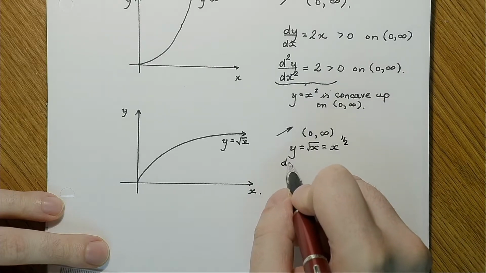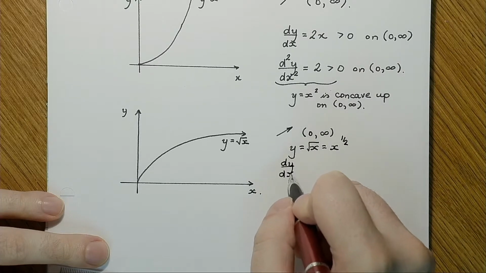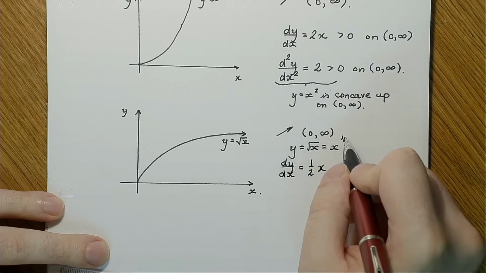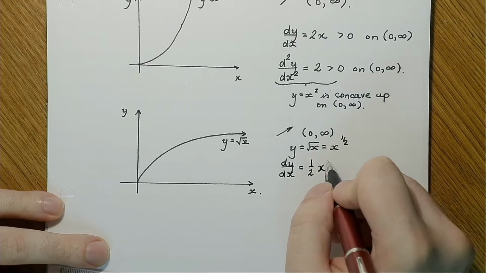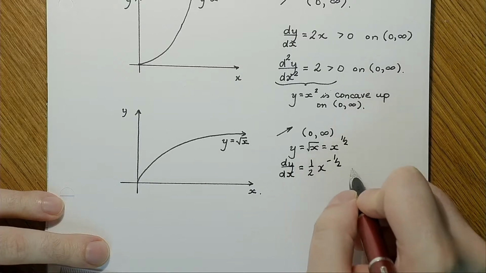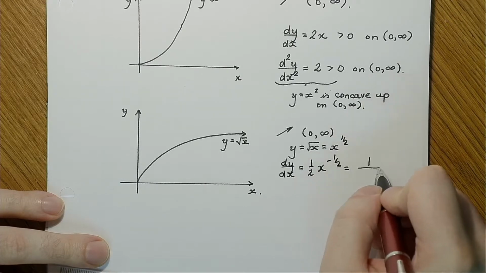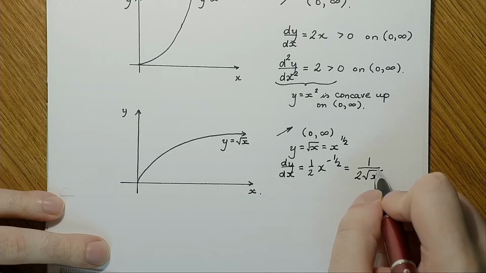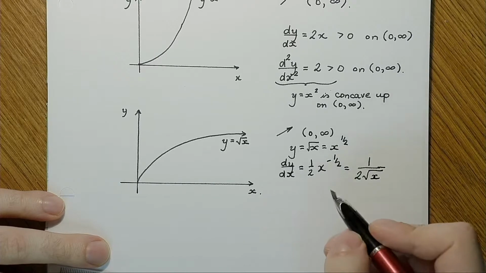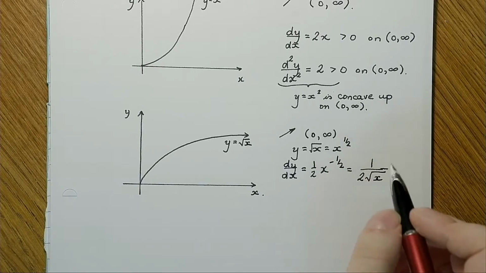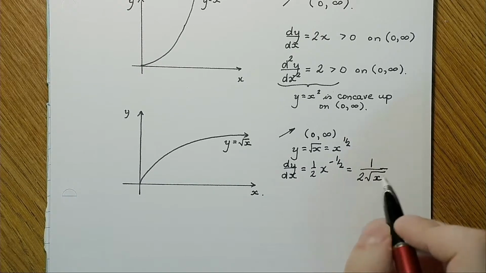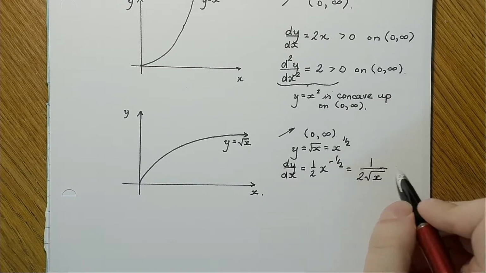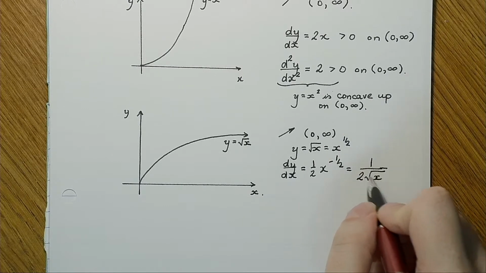And then if I take the derivative of that, it becomes 1/2 x, the 1/2 drops down by 1, so I get minus 1/2. So I'm left with 1 over 2 square root of x. Now again, if I put in any number from 0 to infinity, this is still going to be positive.